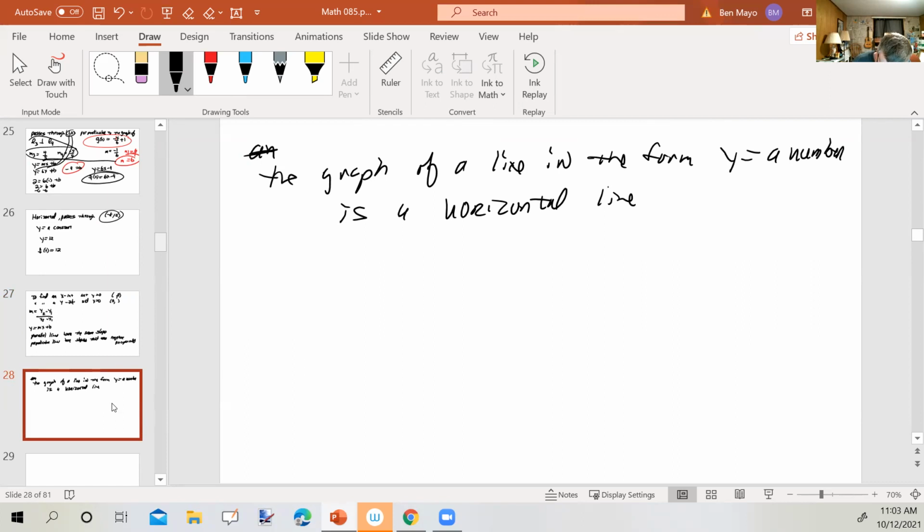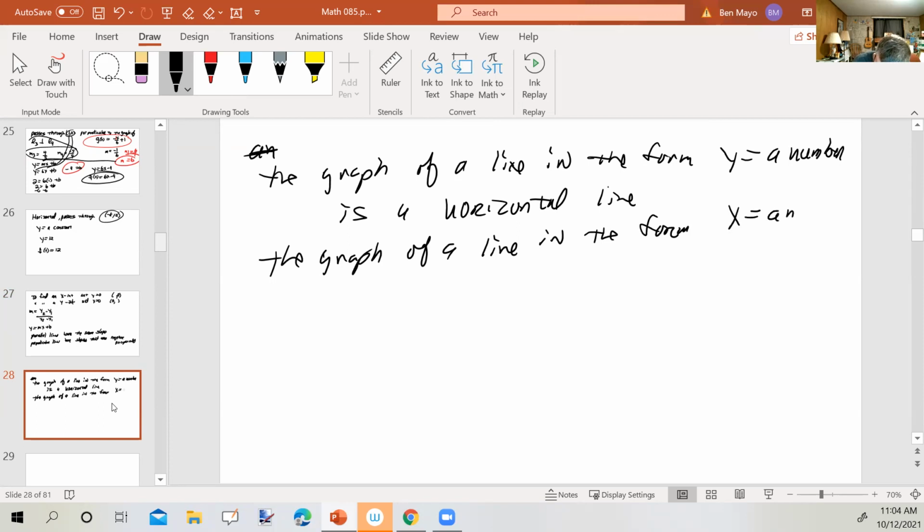I didn't talk about this one, but I'm going to add it. The graph of a line in the form x equals a number is a vertical line.